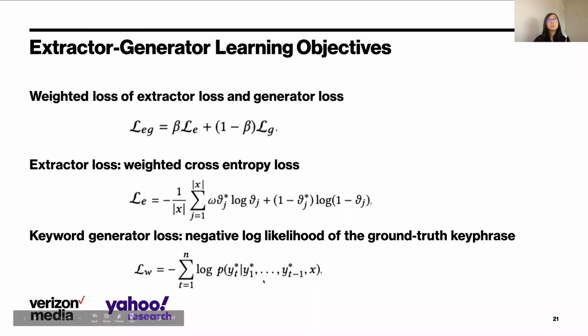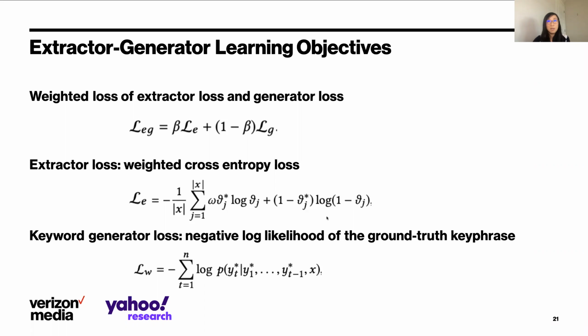Okay, so now let's look at the loss function. For the generator and extractor, the loss will be a weighted average between the extractor loss and the generation loss. And for the extraction loss, it's again a weighted cross entropy between the negative and the positive labels.